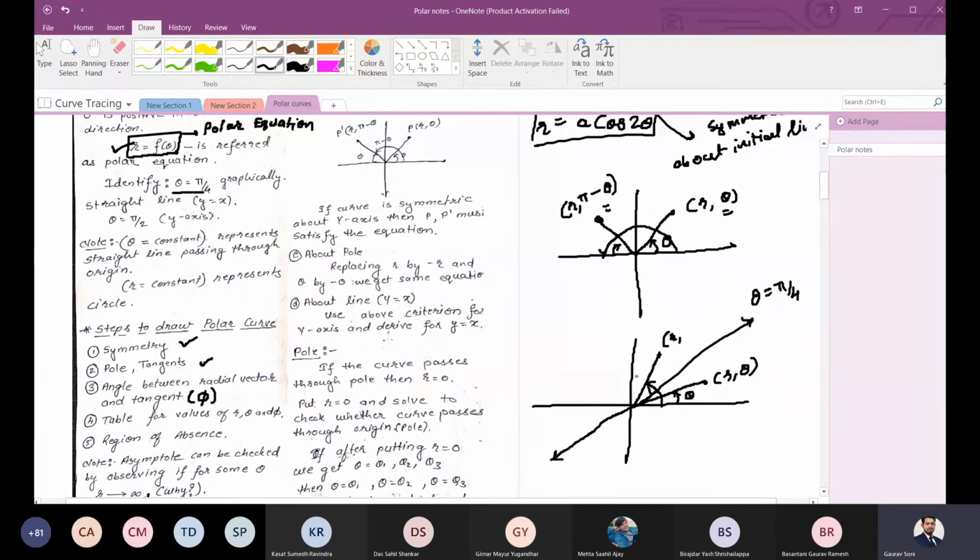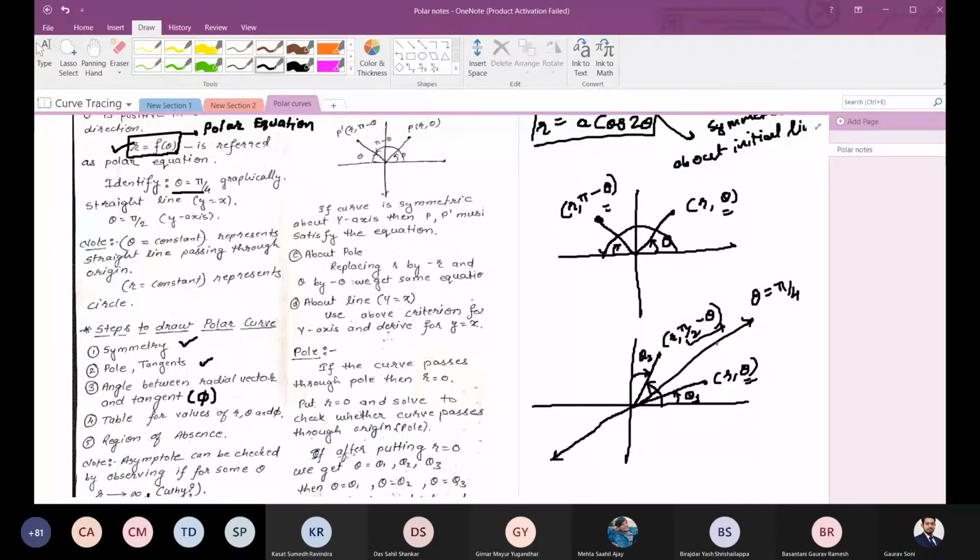Can I say this angle and the original angle are the same? Imagine you are folding a paper diagonally. So this angle theta 1 and theta 2 are going to be the same. So what I can do is pi by 2 minus theta. If we replace theta by pi by 2 minus theta and we get the same equation, then we'll say that the curve is symmetric about the line y equal to x.